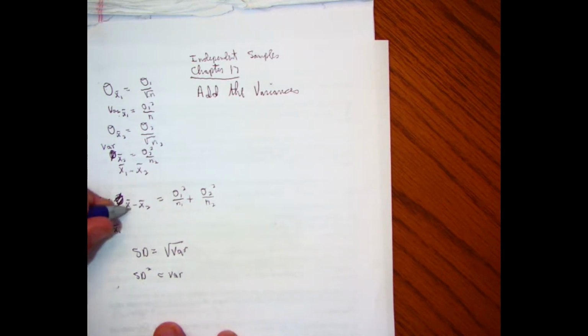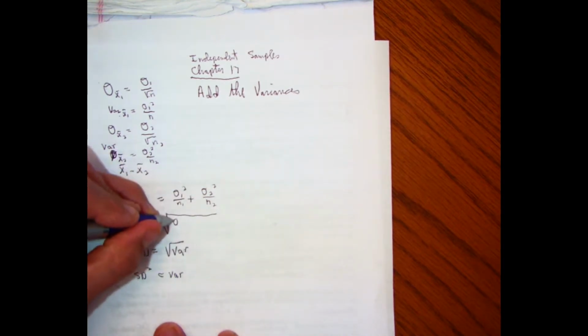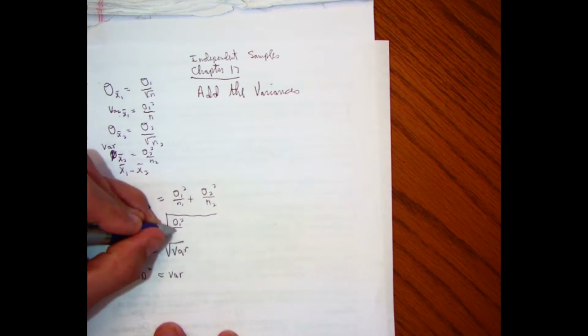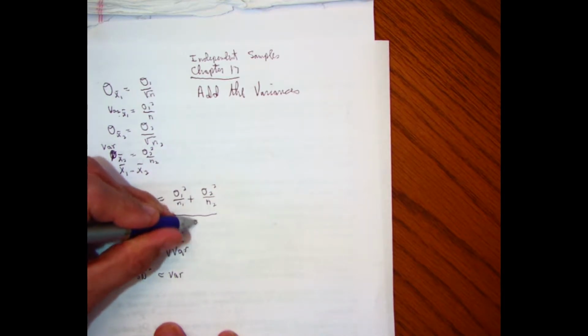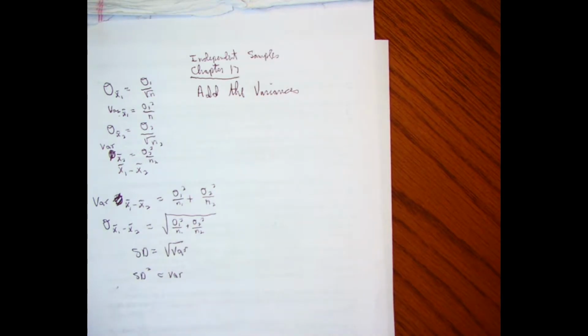I just got the variance of the difference in the means. So how would I get the standard deviation? I simply take the square root of the variance, so it equals this guy right here. So the whole thing is we got to add the variances.